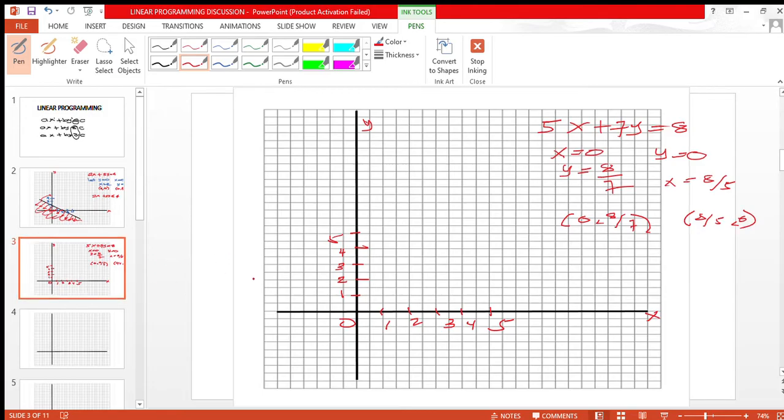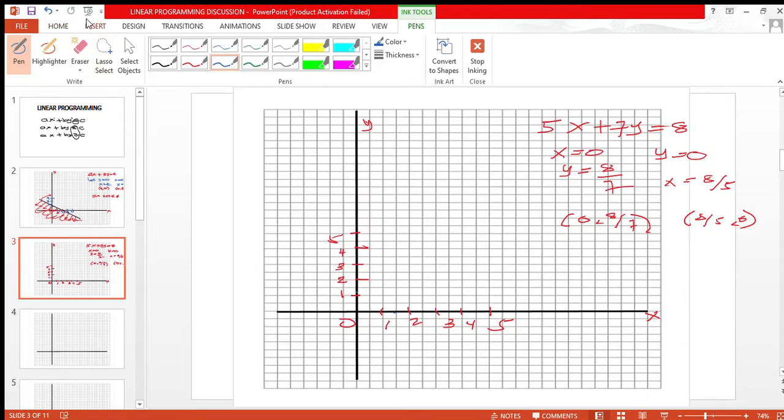So where do we find those? The first one, x is 0, y is 8 over 7. Where do we find that? 0 and a little greater than 1. So let's have that point there, somewhere there. The other one is 8 over 5, 0. 8 over 5 is again greater than 1. Okay, so somewhere here, there.